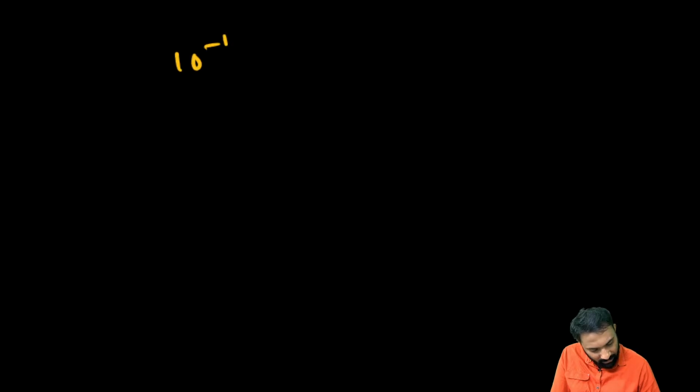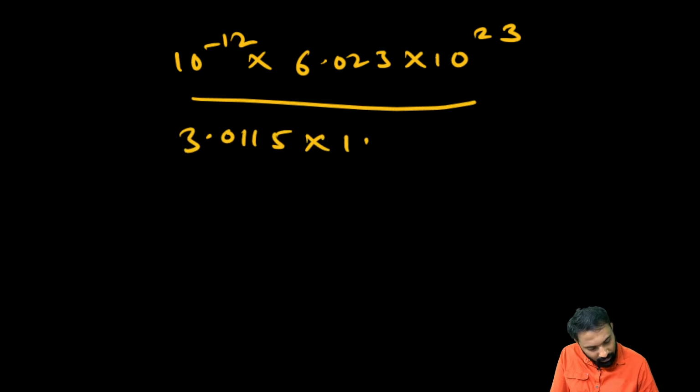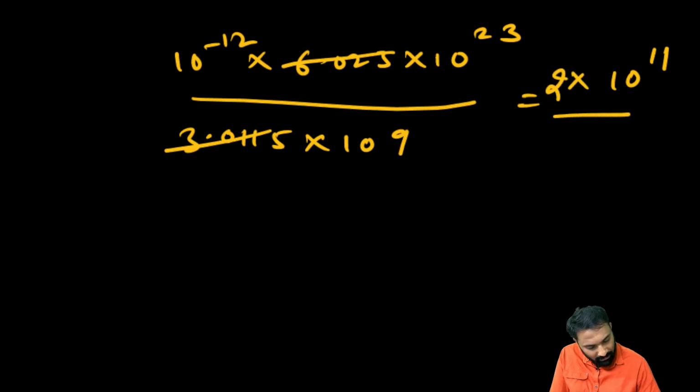See, 10 to the power minus 12 into 6.023 into 10 to the power 23 by 3.0115 into 10 to the power 9. 10 to the power minus 12 and 10 to the power 23 will give you approximately 10 to the power 11, right? 6 by 3 gives 2, by 10 to the power 9.